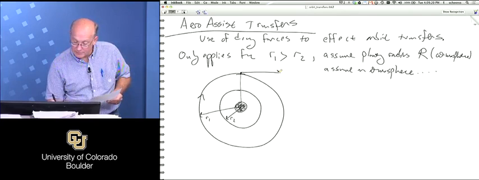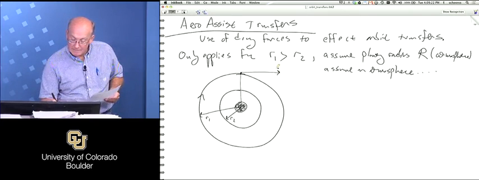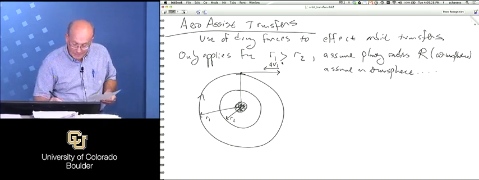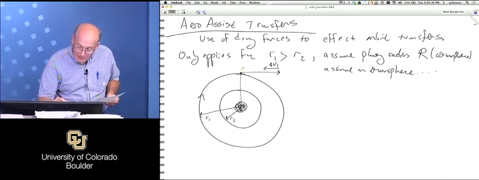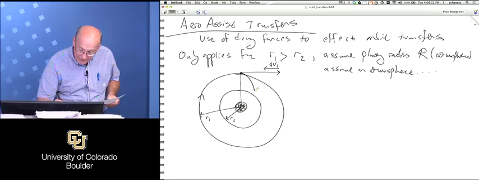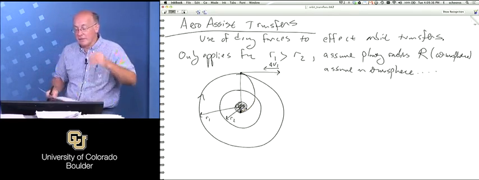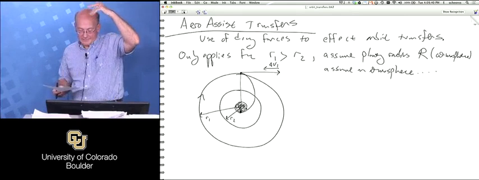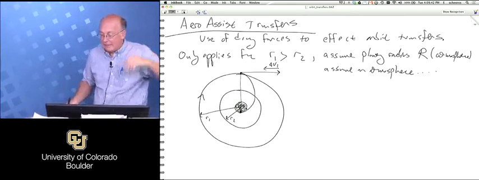You're in a circular velocity here. You do your delta V1 to actually change your energy. But now you actually do it such that you come down and you graze the surface of the upper atmosphere.